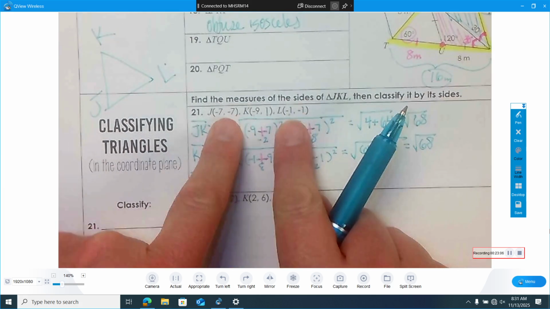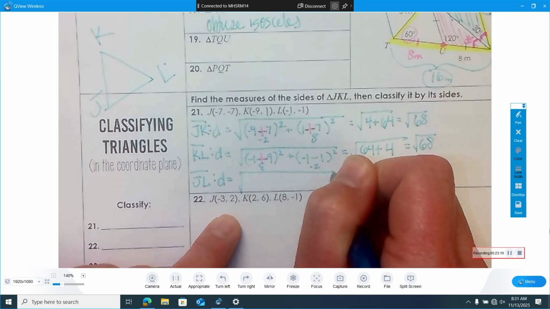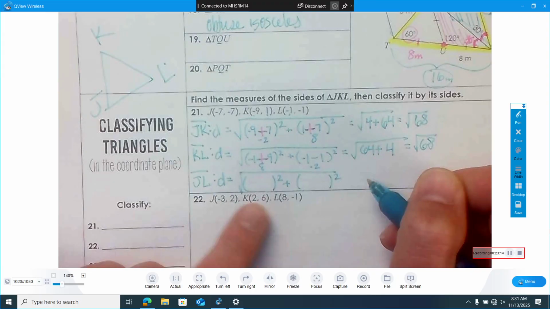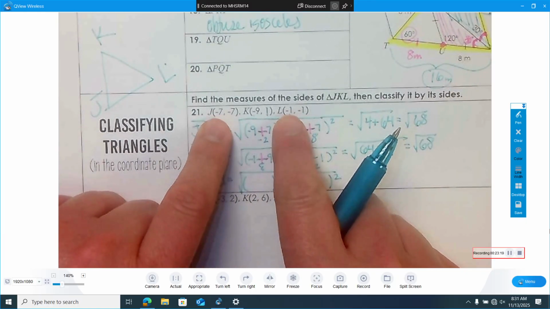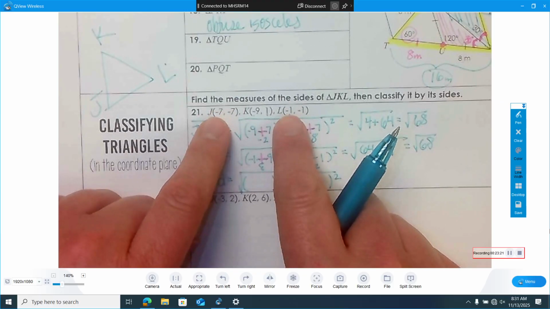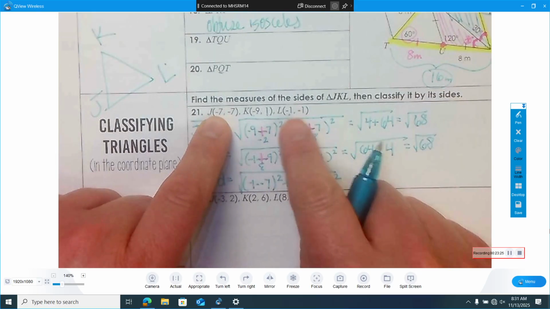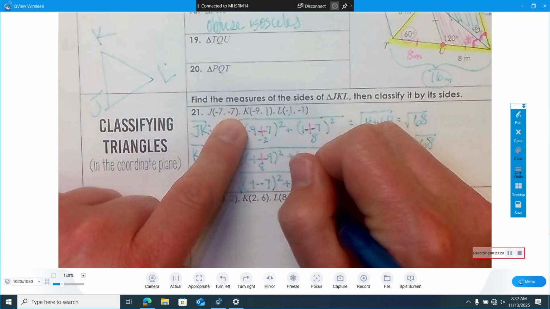So now I'm using points J and L, so you got to be real careful. We're going to do a square root here. Set up my squares. And now x2 minus x1 using my points J and L. So -1 minus a -7. And now subtracting the y's, -1 minus a -7.